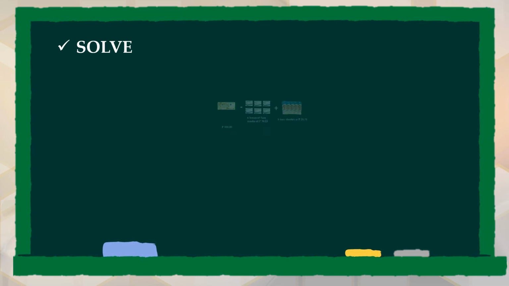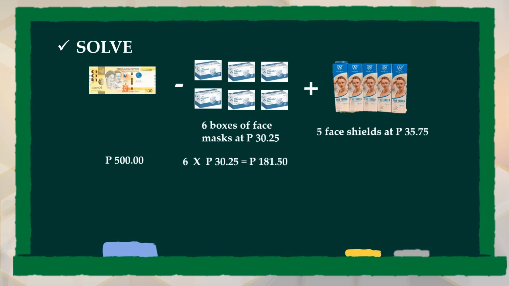We have here the 500 peso bill. The total amount lady spent for the 6 boxes of face masks at 30 pesos and 25 centavos per box, which is 181 pesos and 50 centavos. The amount she spent for 5 face shields at 35 pesos and 75 centavos each, which is 178 pesos and 75 centavos.